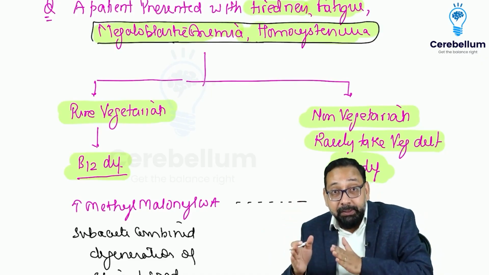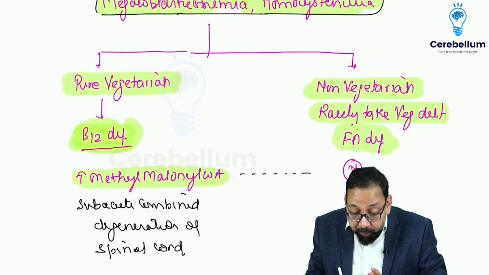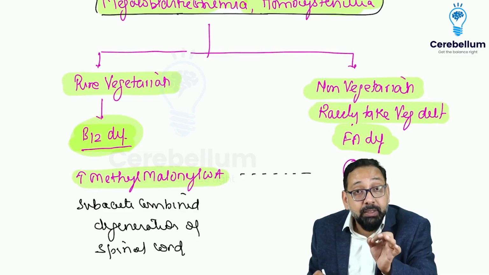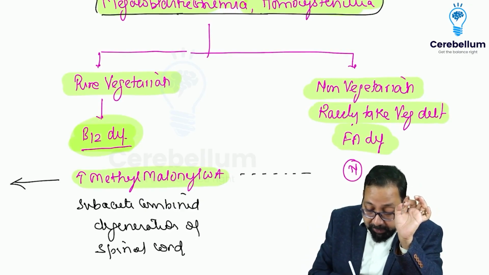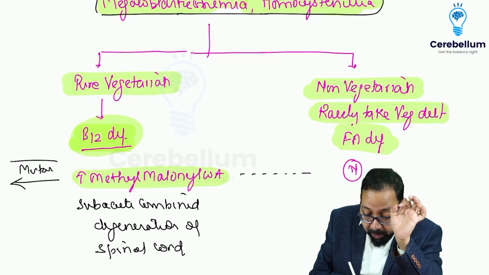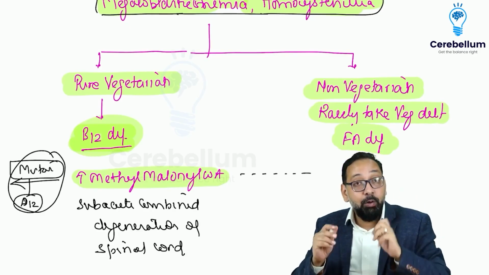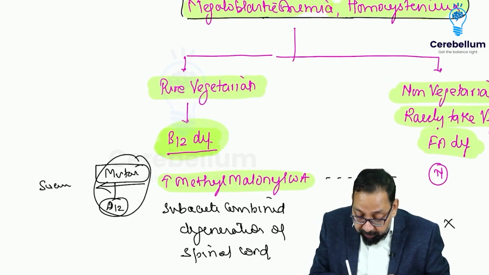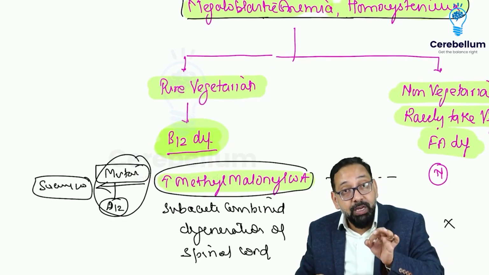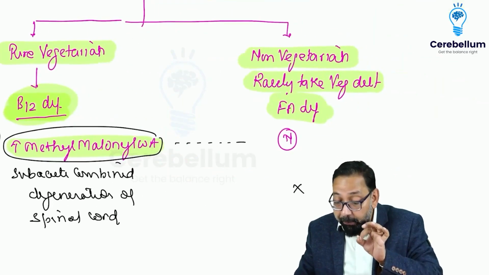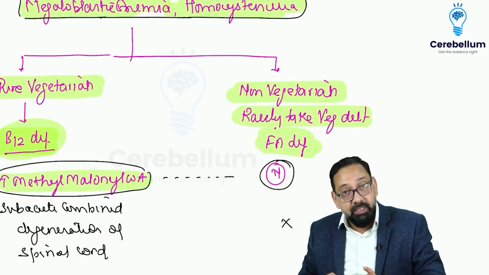Other than these, methylmalonyl coenzyme A is increased in B12 deficiency. It will not be converted to succinyl coenzyme A, because the enzyme mutase requires B12. So methylmalonyl aciduria will be present in B12 deficiency, while methylmalonyl coenzyme A level would be normal in B9, folic acid, deficiency.